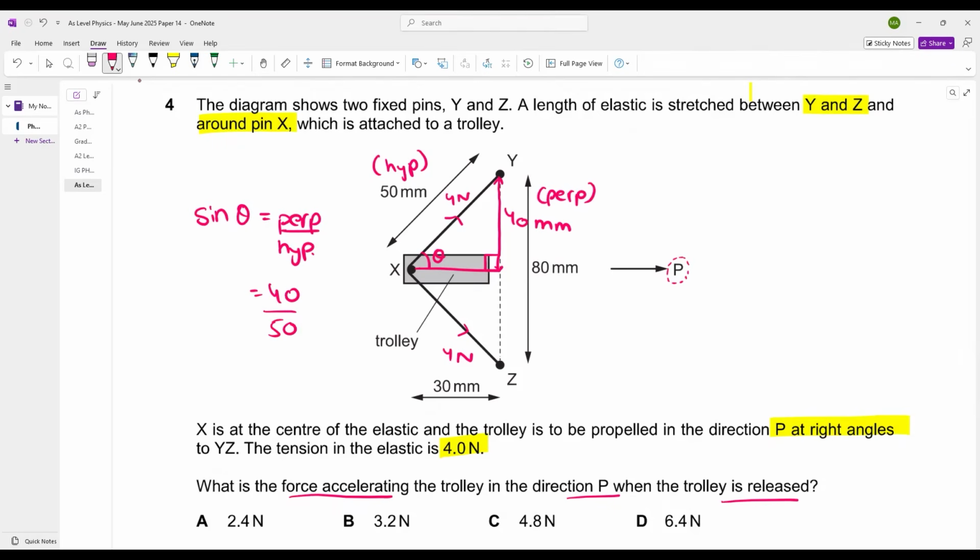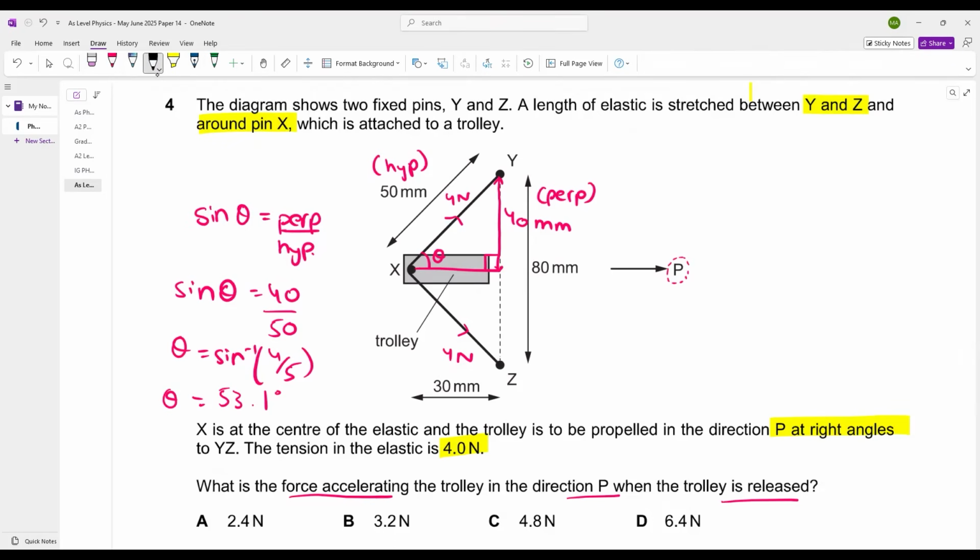Hypotenuse क्या है बच्चे? 50. Sine theta. Theta की वैल्यू क्या आ गई? Sine inverse 4/5. Sine inverse 0.8. This comes out to be 53.1 degrees. Beta, now you have to calculate the force in the direction of p.